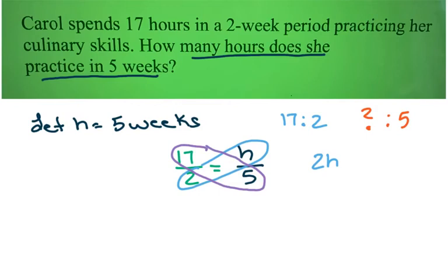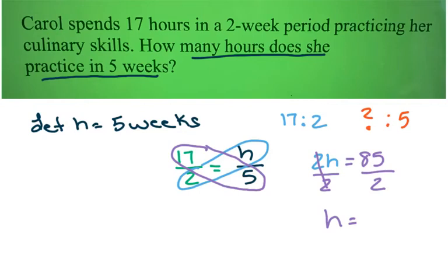Might have to use the calculator for that if we're not sure. That's not a typical math fact. And you would get 85. Now I can divide by 2. So we would divide 85 by 2.